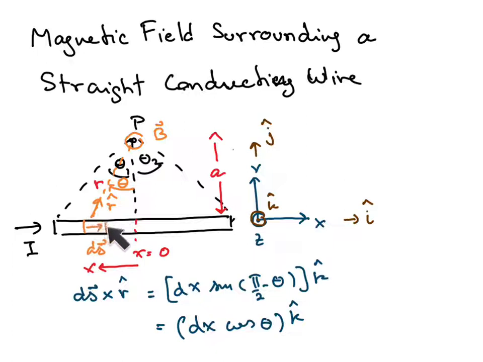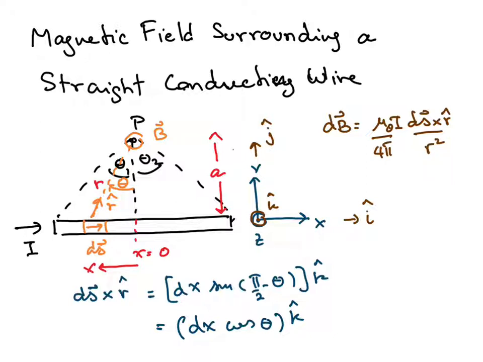So let's see what the magnetic field from this segment is. From the Biot-Savart law, we have that dB is equal to μ0 over 4π I ds cross r over r squared.